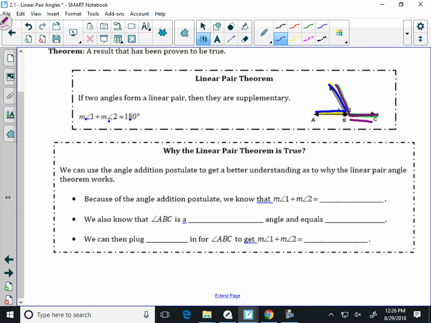That is the big angle they create. So we can say that they're equal to the measure of angle ABC. You take those two angles and add them together, they create the big angle, which is ABC. Right? What do we know about ABC? We just said it.